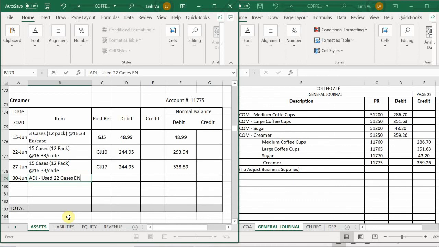Okay. So that means my ending balance should be, let's see, what's 15 plus 15 plus 3? I believe that's 33. If we use 22 cases, how many cases should we have remaining? 11. 11 cases remaining.